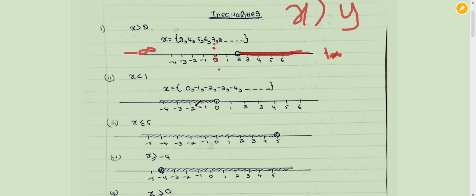This goes to negative infinity. So you should first draw a circle on the 1. Okay, and x is less than 1, so you should draw like this. Okay, so this represents x is less than plus 1.